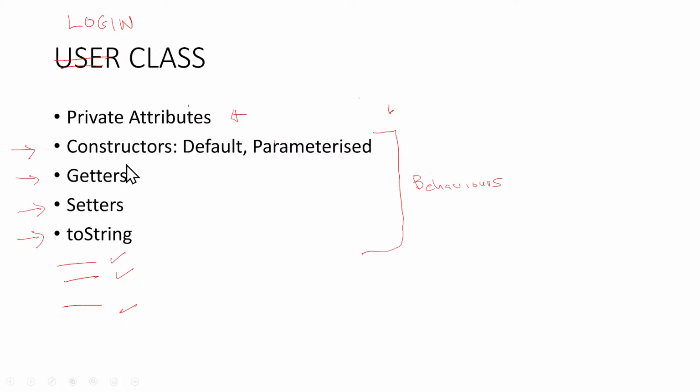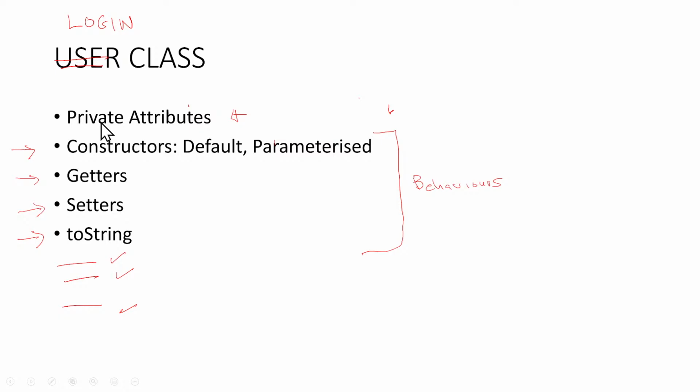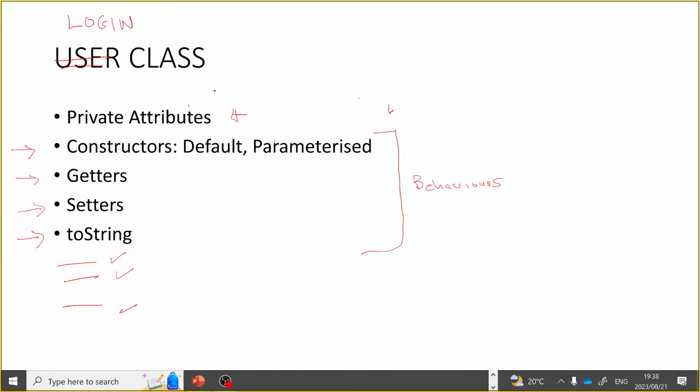Before we go into the getter, I think I should say something about these attributes. These attributes, we keep them private. Now, you may want to ask, why do we keep them private?